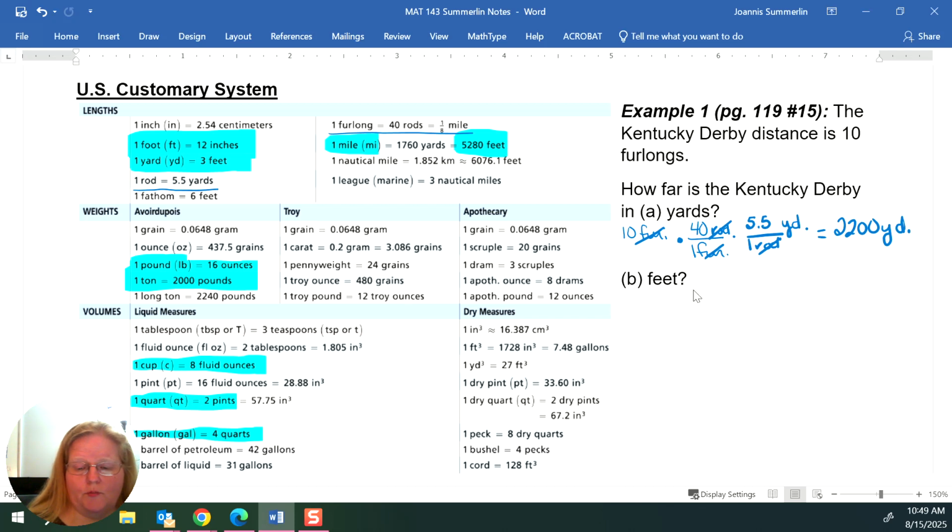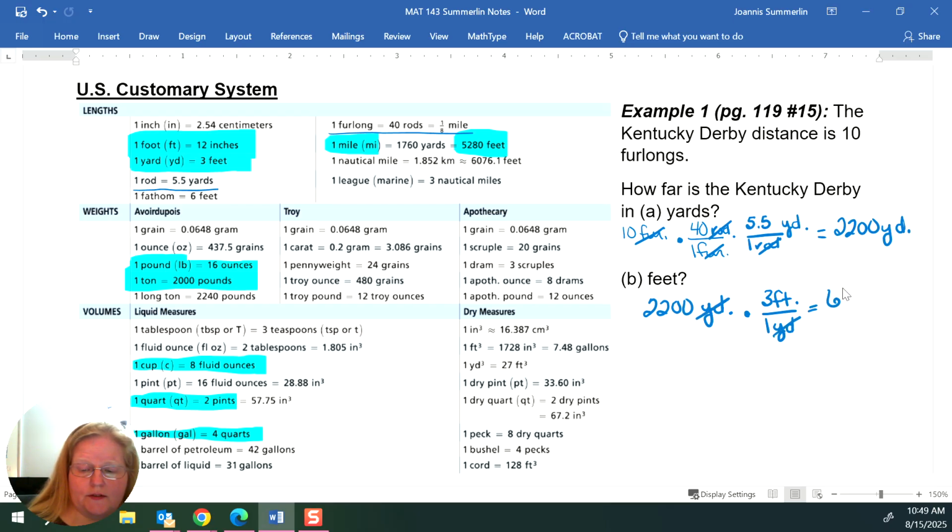Then they want to know how many feet. Well, I'm going to start from the 2,200 yards. I know that 1 yard equals 3 feet. My yards can cancel out.